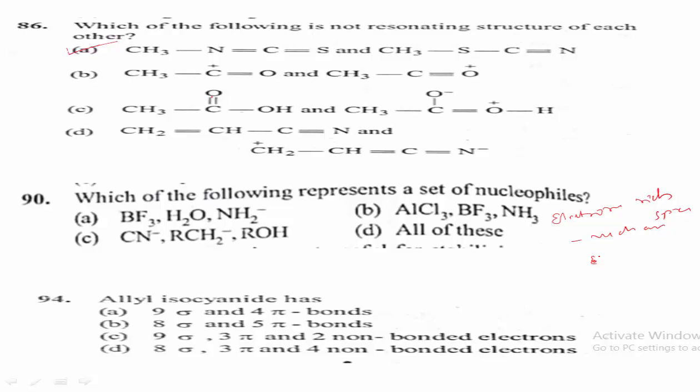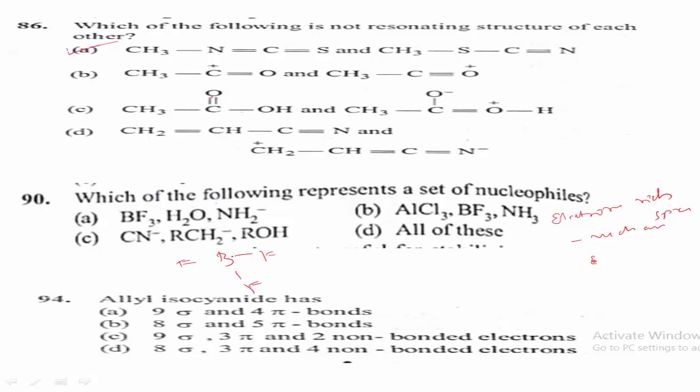Look here at BF3. Now you know the structure of BF3. I write the structure here, BF3. Is it right? Yes. Here there are 2 electrons, 4, 6, 3 bonds. If it is to get an octet, it requires 2 more electrons.